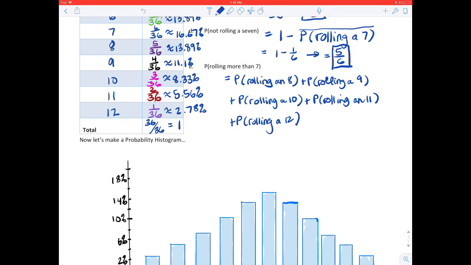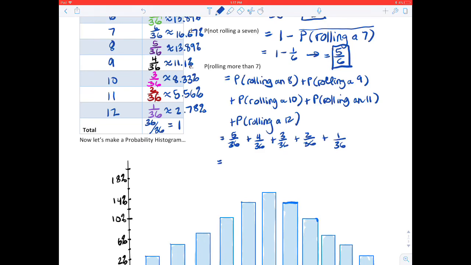So now if we look at our chart, the probability of rolling an 8 was 5 out of 36, plus rolling a 9 was 4 out of 36, plus 3 out of 36, plus 2 out of 36, plus 1 out of 36.